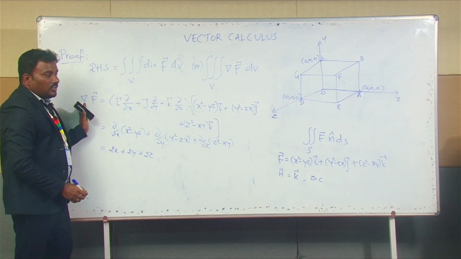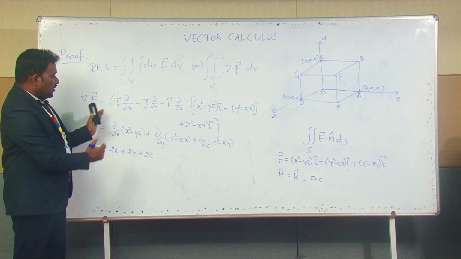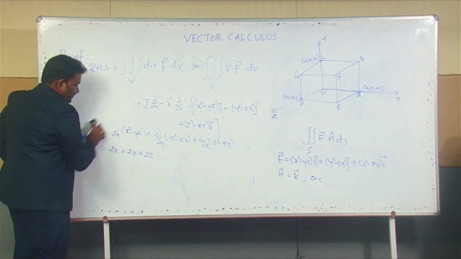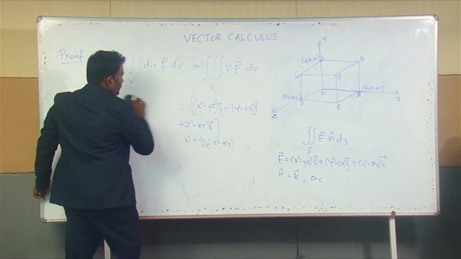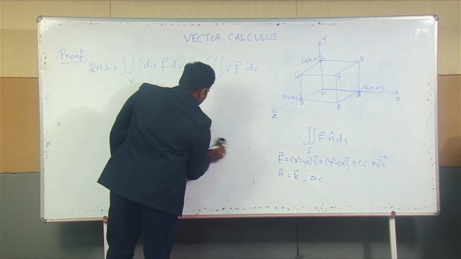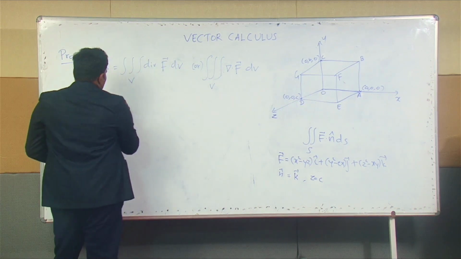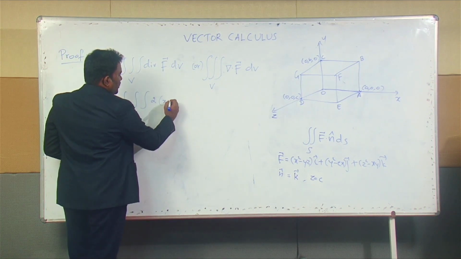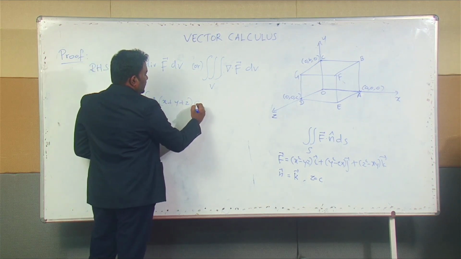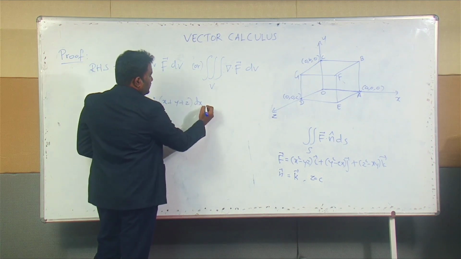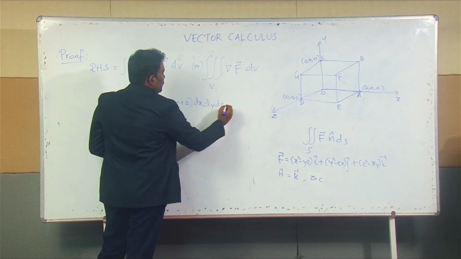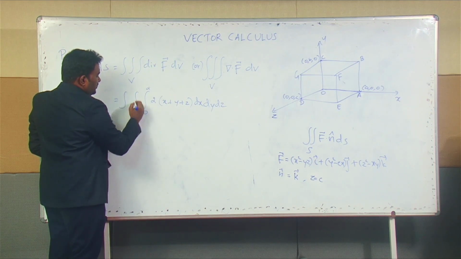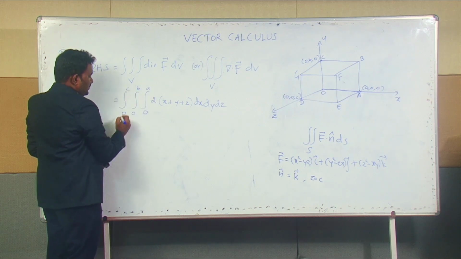So, this is the answer for del dot f vector. Now we have to replace this value into the triple integral. So, now we are replacing it here: 2 times (x plus y plus z), and dV is dx dy dz, with limits 0 to a, 0 to b, and 0 to c.